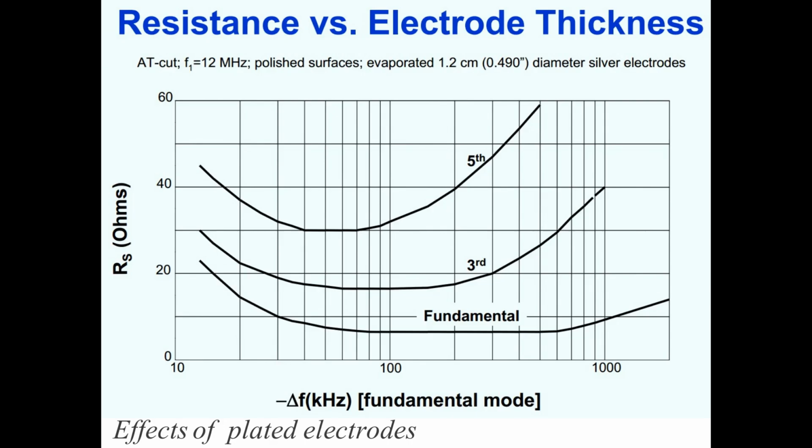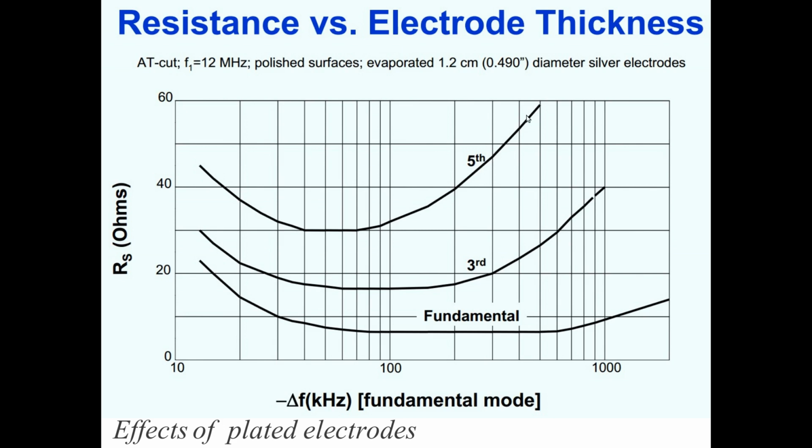But if we go to the other side, very thick plating of the electrodes, these electrodes, actually metals, are not as good mechanical resonators as quartz, and the Q is degraded.